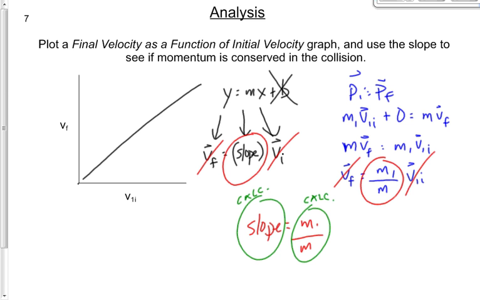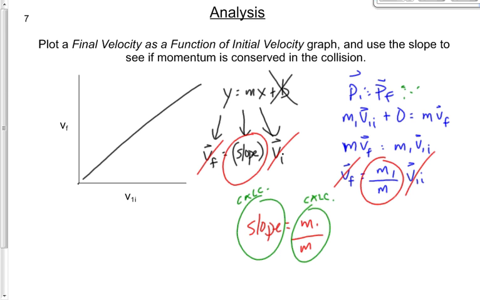If they are the same, then momentum must have been conserved. Think about that. Why does momentum need to be conserved if those two numbers are the same? Well, because we made an assumption here. We assumed Pi equals Pf. If the numbers we get are equal, then that assumption must have been correct. Does that make sense?